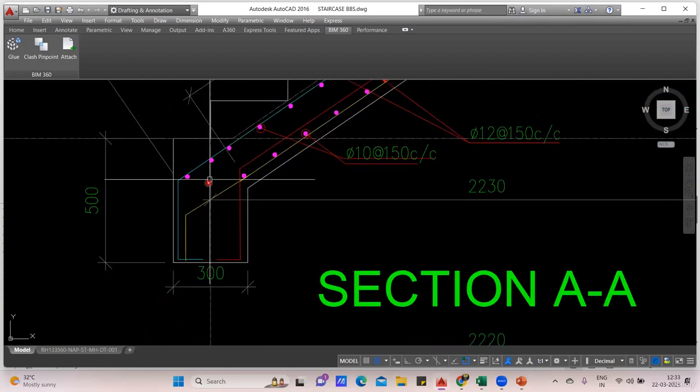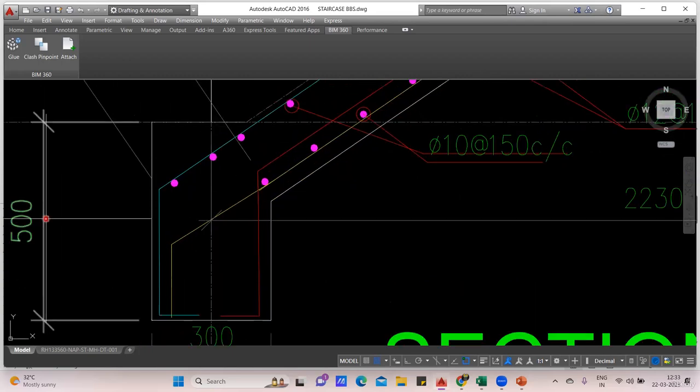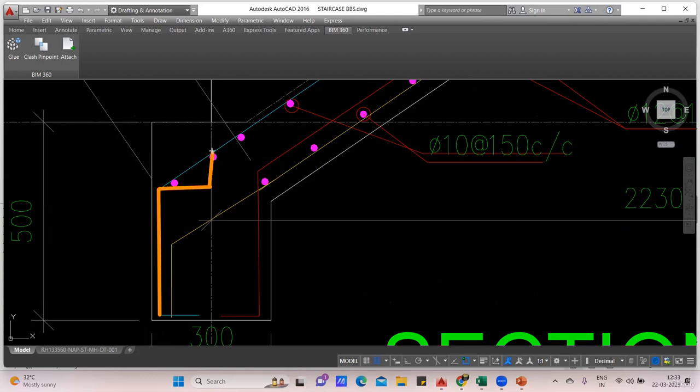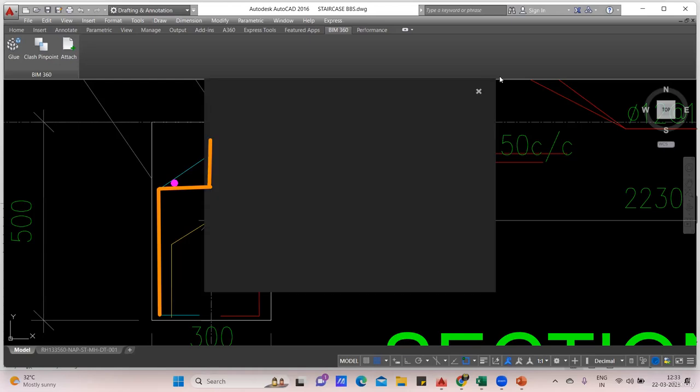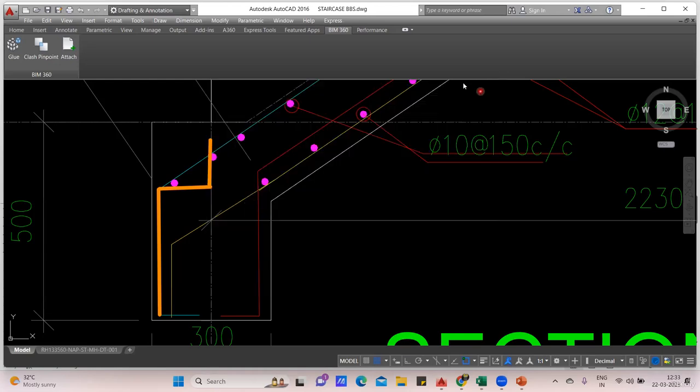Okay, so simple. This is 500. I want to find this height now. From here to here, the height I have got is 85.39. So what I'll do is, overall depth 500 minus this height, 85.39, minus bottom cover 25, minus 25 for the top cover.